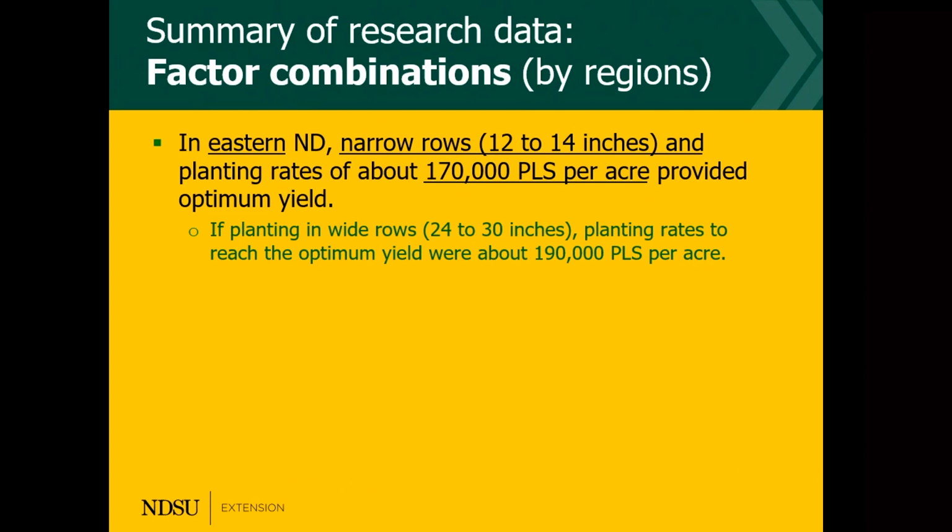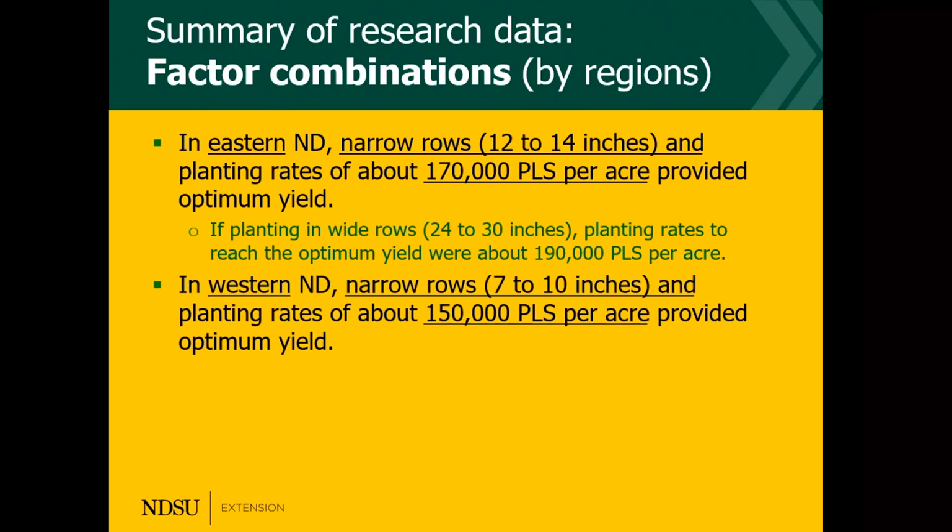So what we found is that narrow rows won, and planting rates of 170,000 pure live seeds per acre provided the optimum yield. In the west, so maybe jokingly, maybe you're from Church's Ferry and you feel like a Westerner, well, that's fine, then maybe you want to take a look at this. But the eastern part relates to higher yield potential as well.